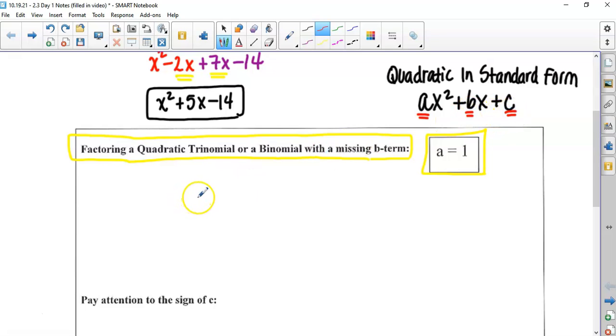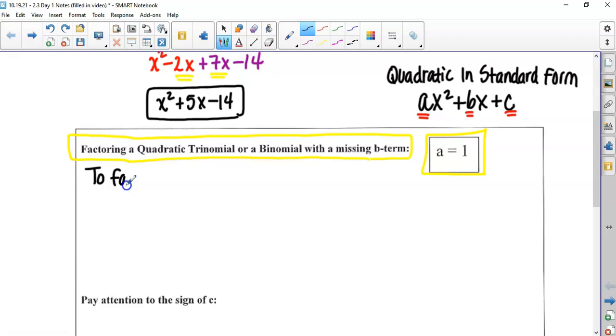So we're talking about cases when a equals 1, when we have a trinomial, right? This is 3 terms. Or if we had a binomial with a missing b term. So imagine, don't erase, but I'm going to show you what I mean by that. If we had this situation, that would be a binomial with a missing b term. Those are the cases we're going to look at today.